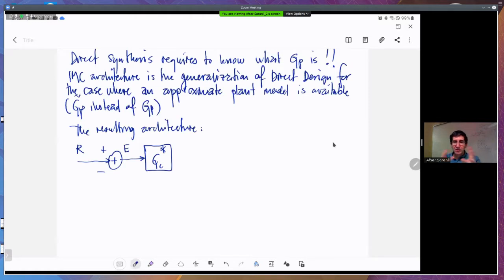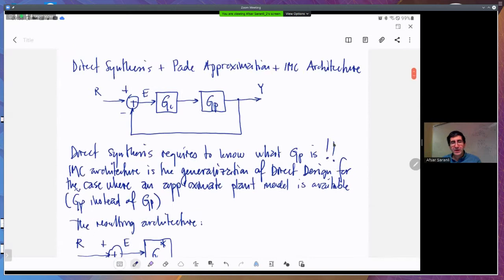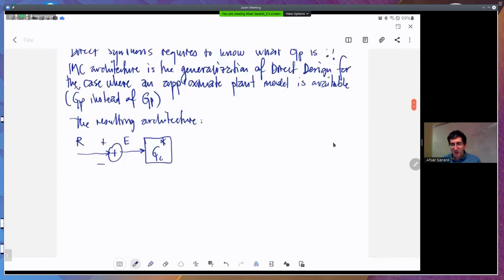Because of the change in the architecture of the system, any controller that we design here will be different from what we will need for the output feedback architecture up here, right? So we will make that distinction as well.